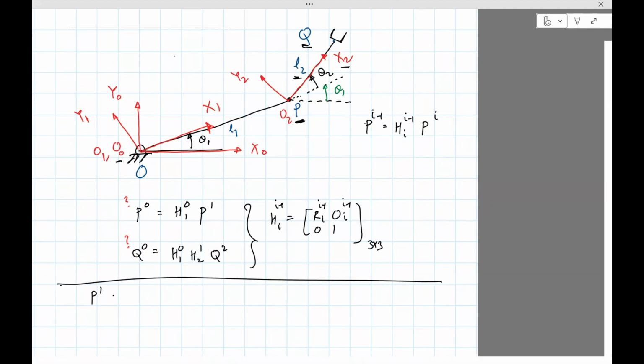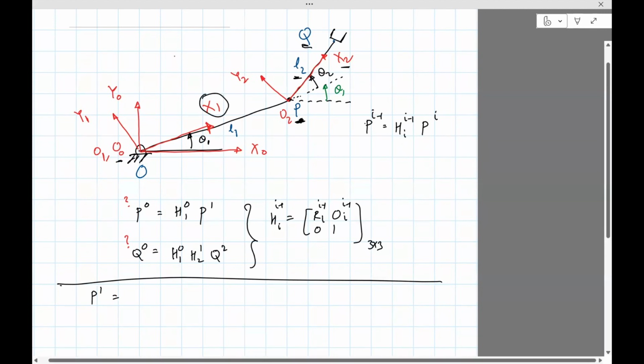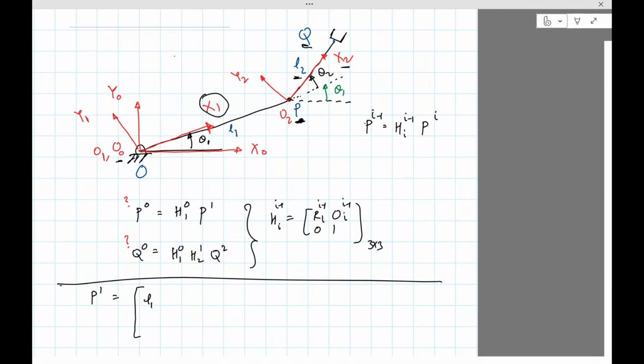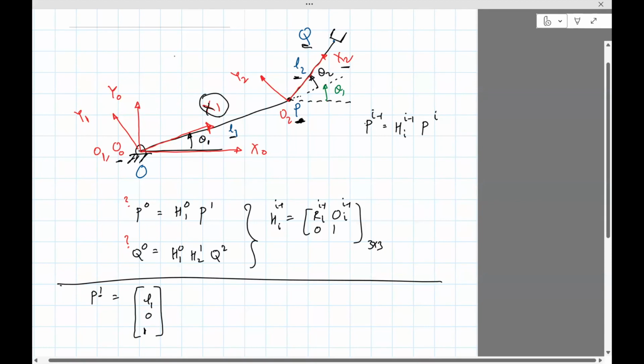Okay, so P1 is going to be the position of point P in frame 1. So the frame is not 0, but frame 1. What's the position of P in frame 1? What's its coordinate along the x-axis? It's simply L1, right? Because L1 is along x1. What's its coordinate along the y1 axis? 0. And then I need to put this 1, which is just a placeholder to make the homogeneous matrix work.